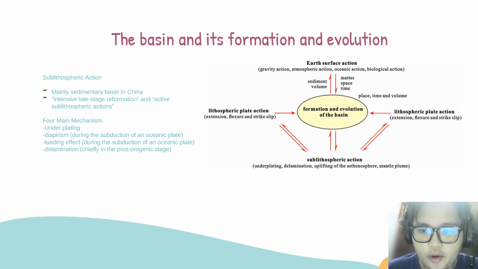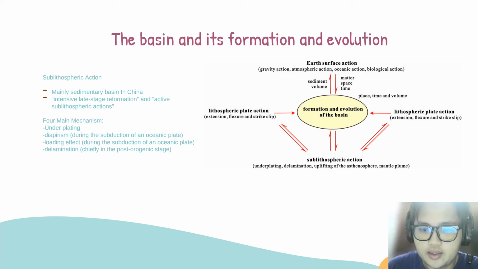Sublithospheric action contains four main mechanisms. The first is underplating, favoring the formation of metamorphic core complexes, magmatism-related faulted blocks, and continental rift basins. The second mechanism is diapirism, mainly occurring during the subduction of an oceanic plate when local convection and upwelling of mantle help to produce a back-arc rift basin.